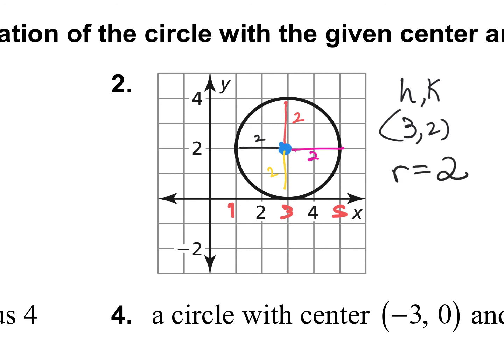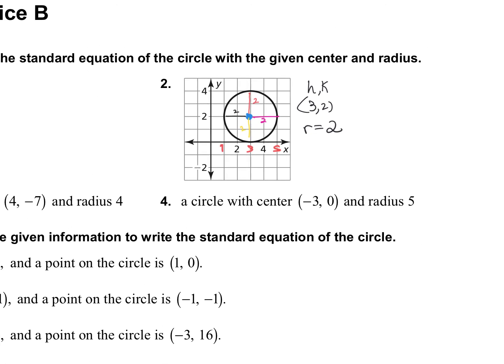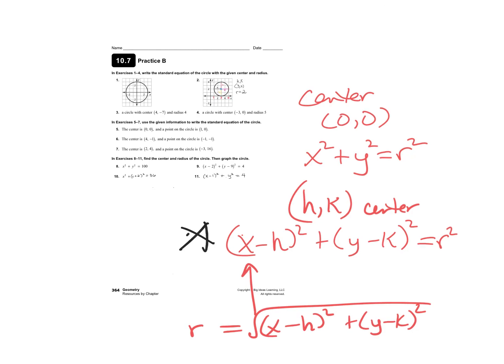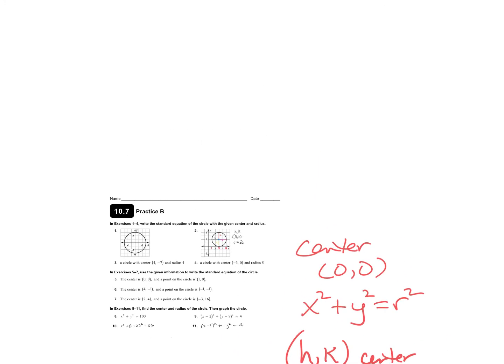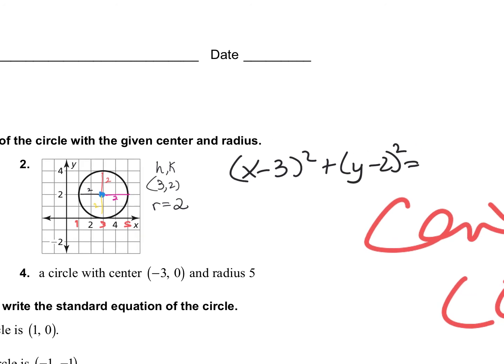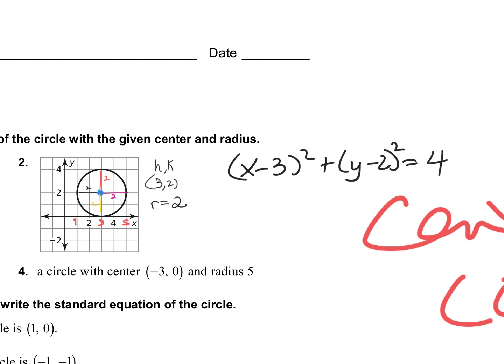Now that I found the h, the k, and the r, all I have to do is plug it in to this formula down here. So I'm going to fill it in. So it becomes x minus 3 squared plus y minus 2 squared equals 2 squared, which is 4.